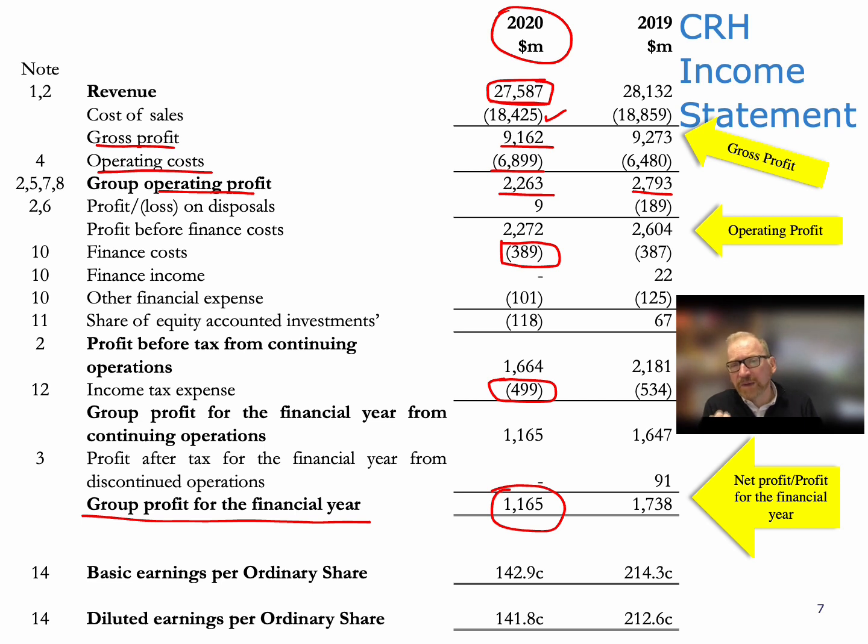And if you think back to the statement of financial position, we had an account called receivables, and in there are all the customers that are included in sales here but haven't paid for their goods or services yet.